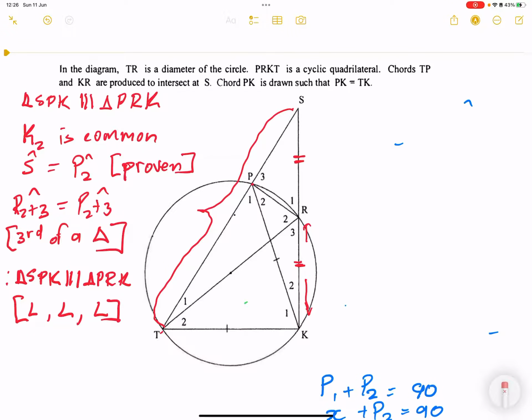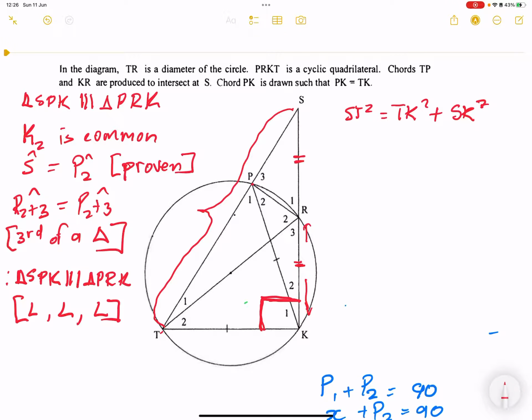Let's relate ST. Now remember, we said this is a 90-degree triangle, so you remember that K1 and K2 are 90 degrees. So we can say ST squared would be equal to TK squared plus, in this case, SK squared.